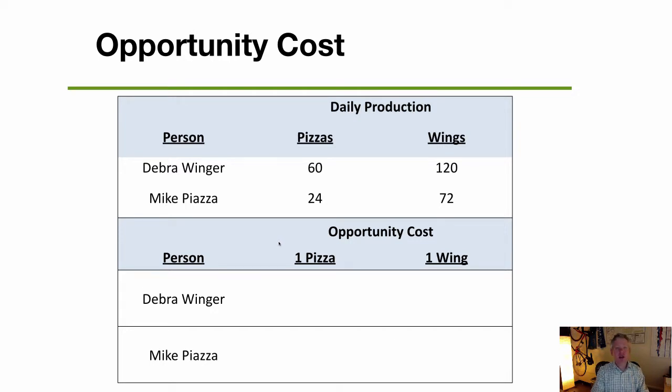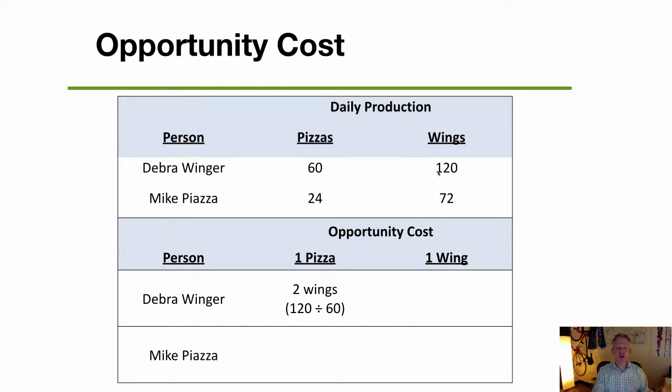We're going to tie all of this back in with opportunity cost and specialization. So let's look at the opportunity cost for one pizza. What does it cost Deborah in terms of wings to produce one pizza? Well, it's 2 wings. And how do you find the opportunity cost? Well, I know what her endpoints are. I know what it would look like if she did nothing but produce pizza and if she did nothing but produce wings.